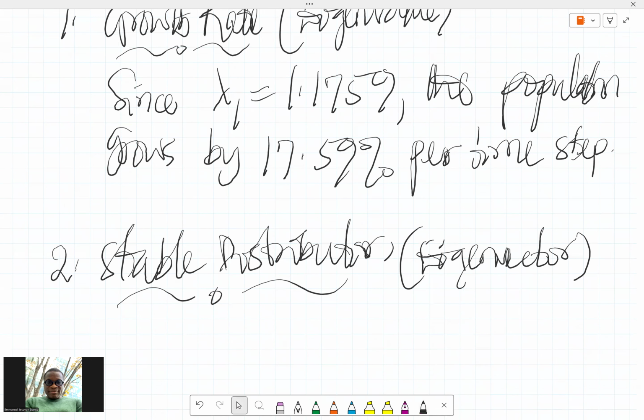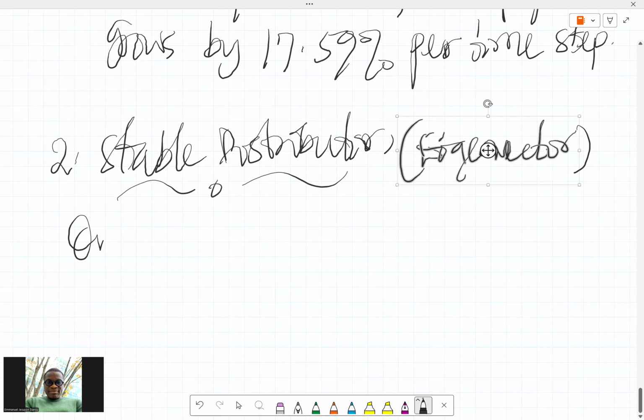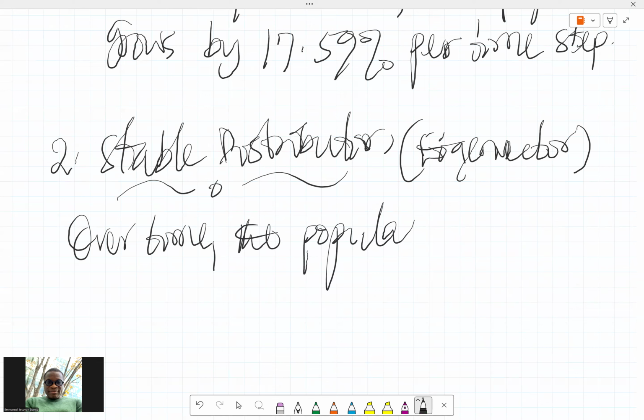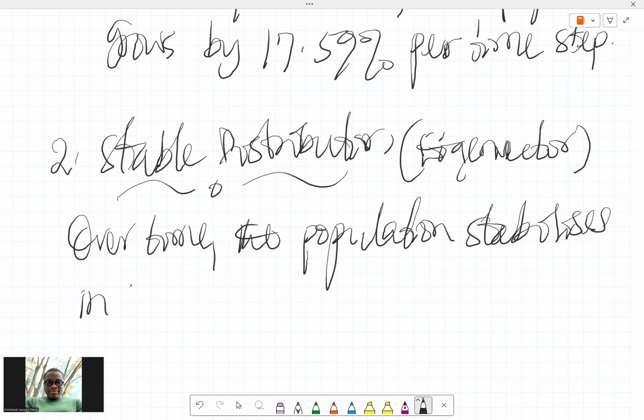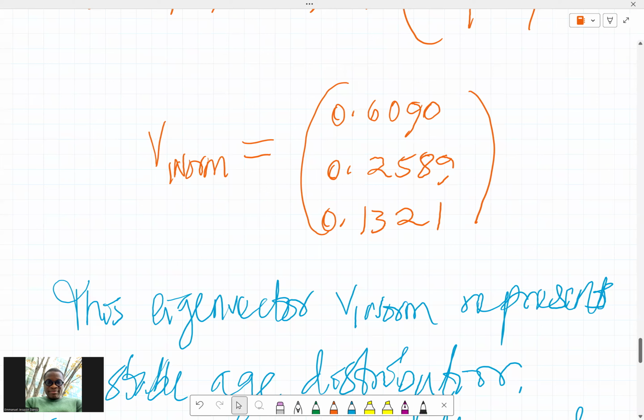What this means is that over time, the population stabilizes in the ratio. What's the ratio now? It's going to be dependent on this.